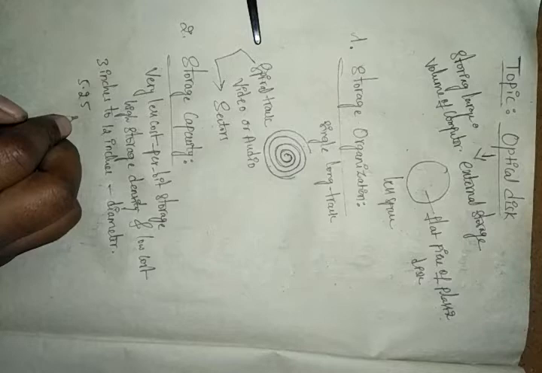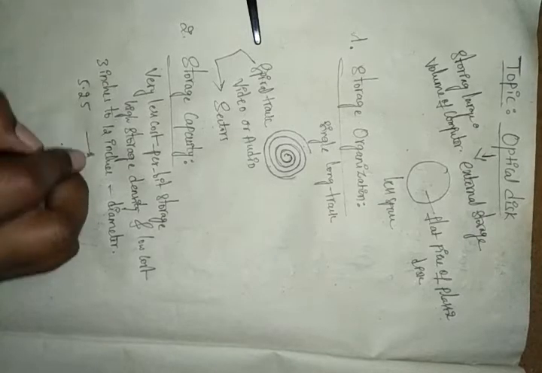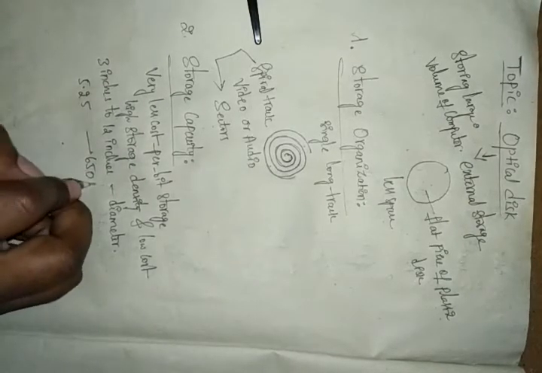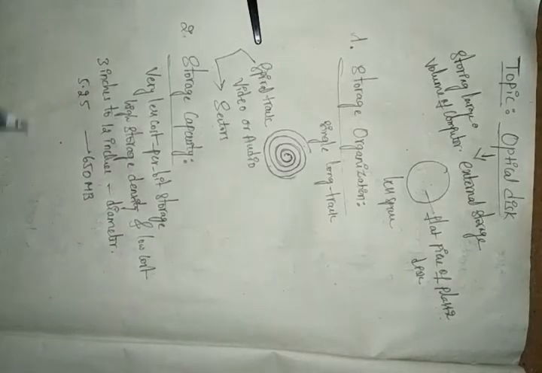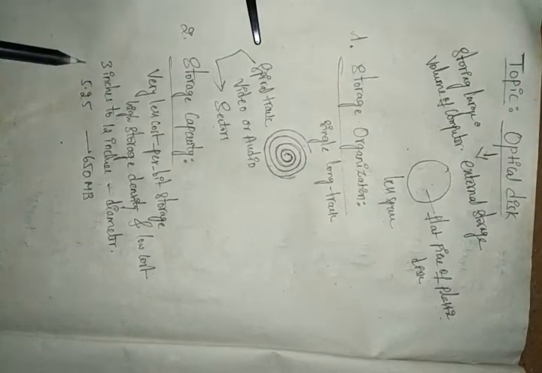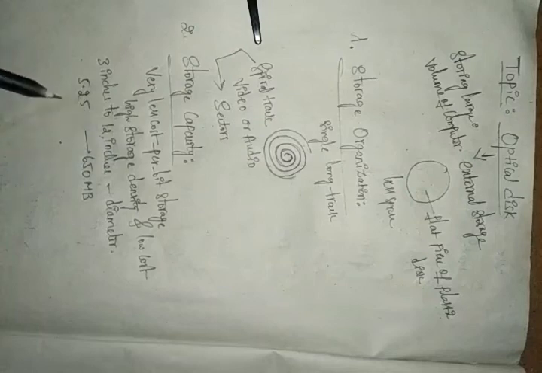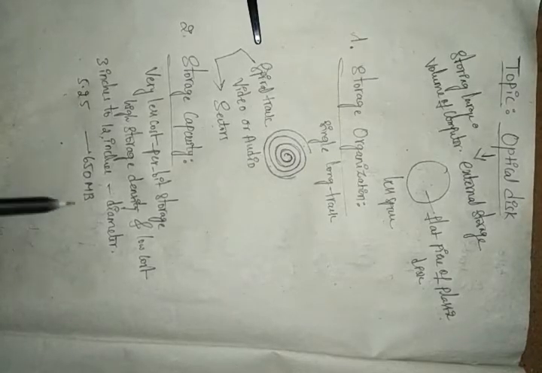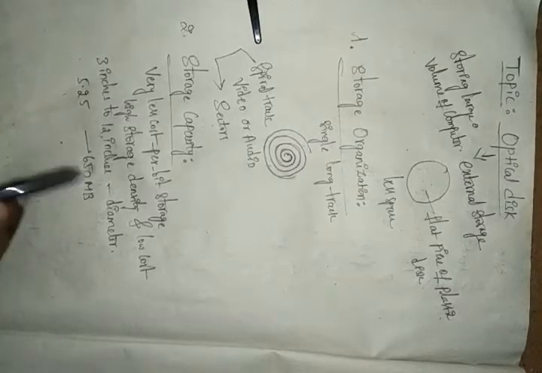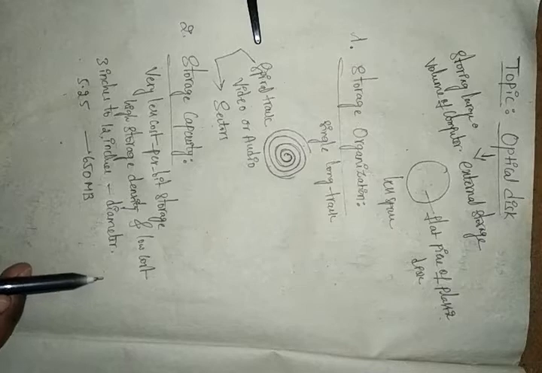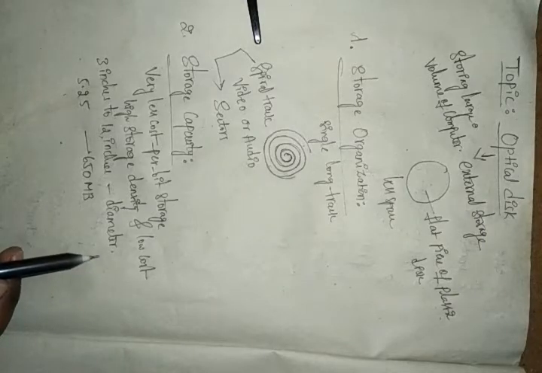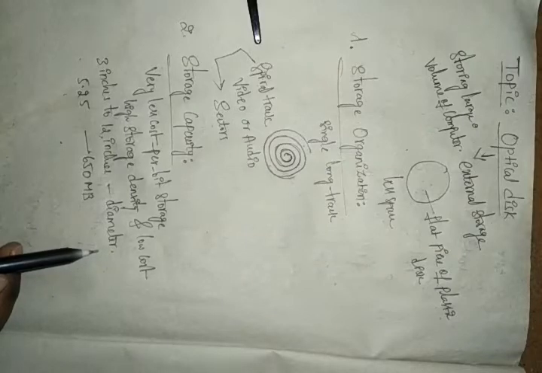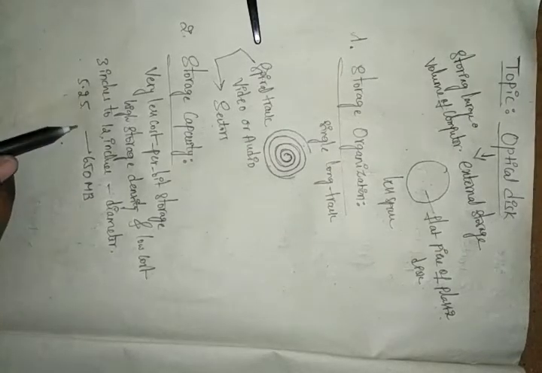Suppose you take a 5.25 inch diameter; the storage capacity will be 650 MB. Our optical disc starts at 3 inches and goes up to 12 inches, and in between I am taking 5.25. If you take the 5.25 optical disc, it stores 650 MB. Another size will store other data like this. It is also used for multimedia, which means audio or video. You can save anything like this.